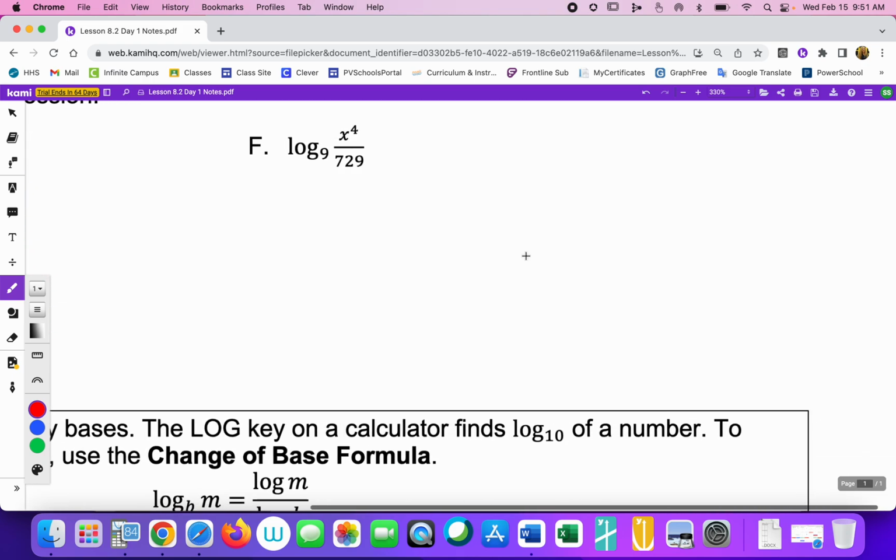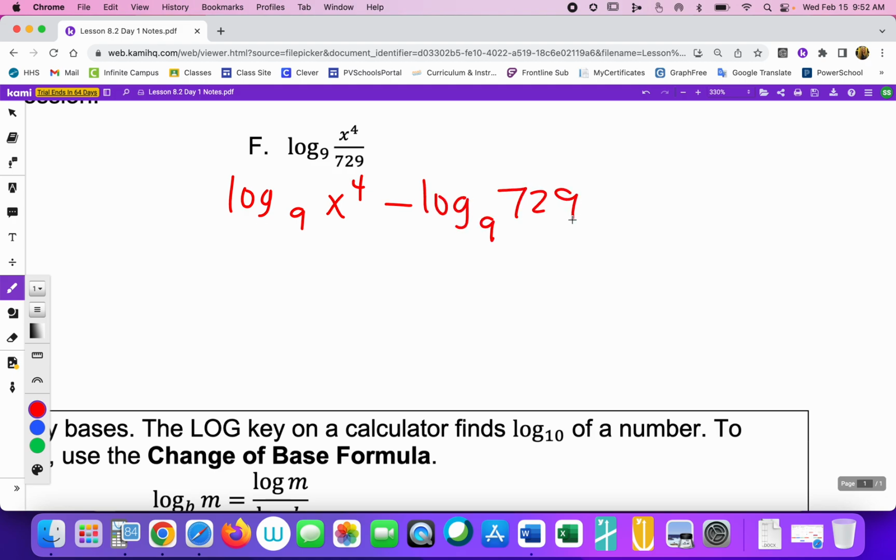All right. You guys tell me, what are we going to do first on this one? Subtracting. So log base 9 of x to the 4th minus log base 9 of 729.